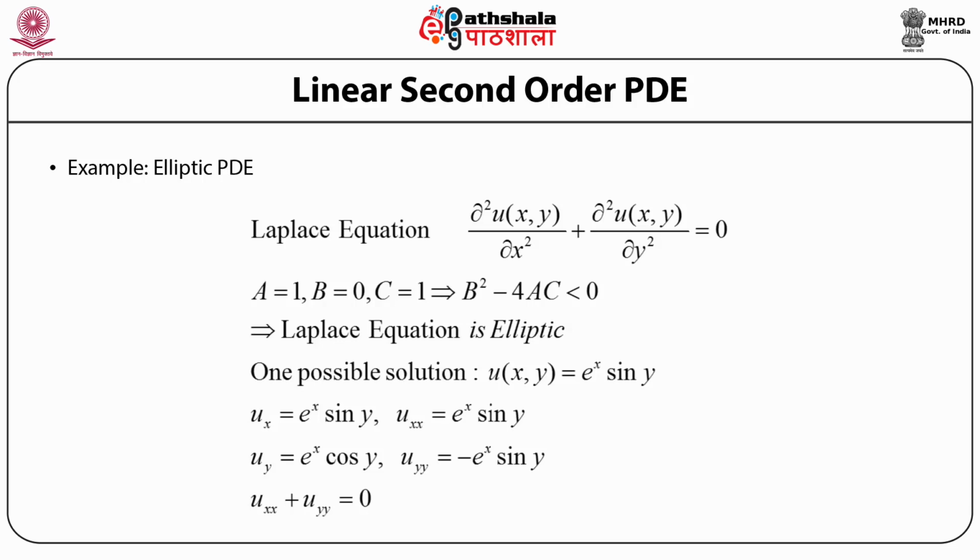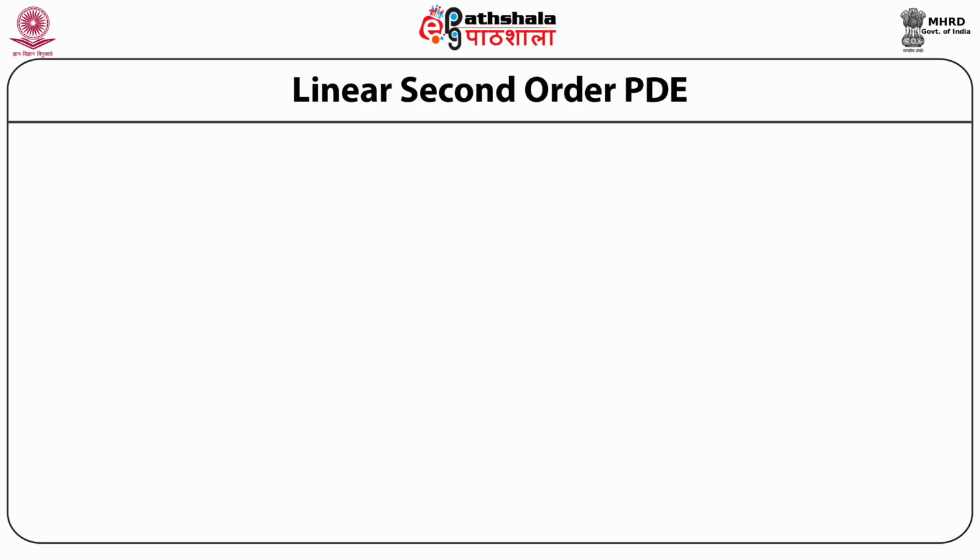One possible solution is u is equal to e power x times sin y. So u x is e power x sin y, u xx is e power x into sin y. Then if you add them, it is going to become 0. We are going to see examples of a parabolic partial differential equation and a hyperbolic differential equation.